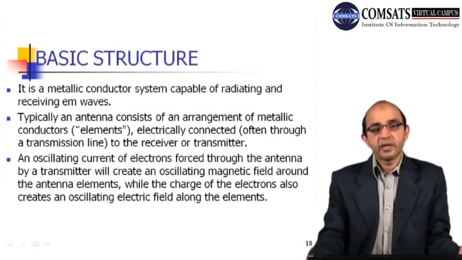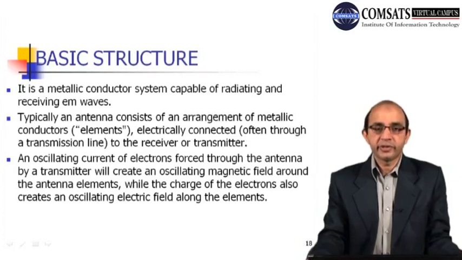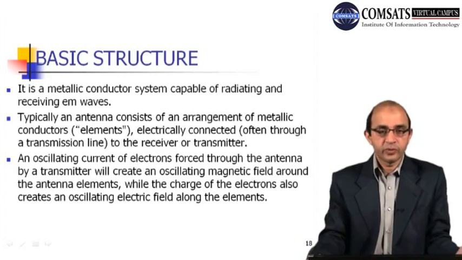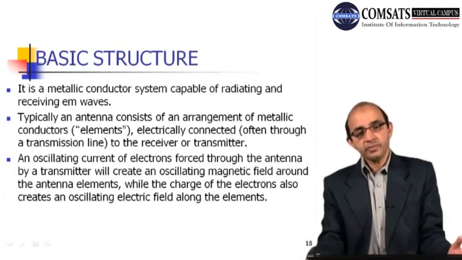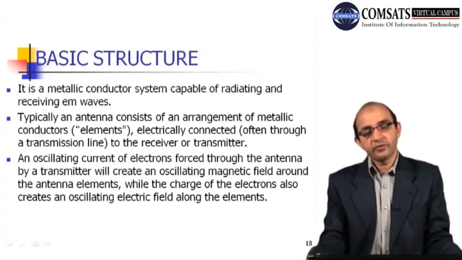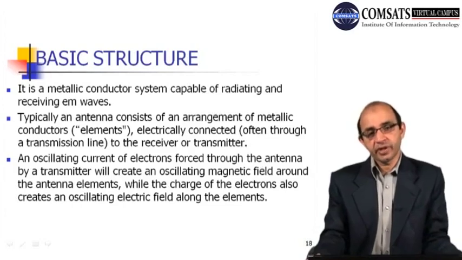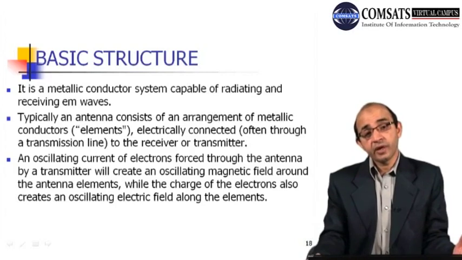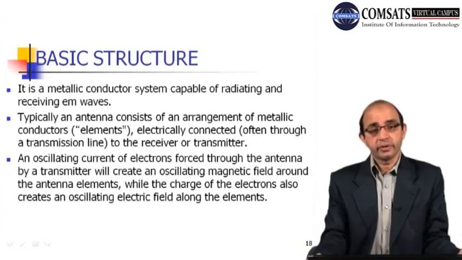If I take the antenna as a transducer, a transducer is a device that converts energy from one form to another form. So at one side of the antenna we have electric currents and voltages, and on the other side we have to convert those voltages and currents into electric and magnetic fields, or EM waves, right?